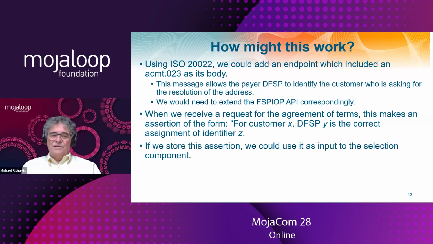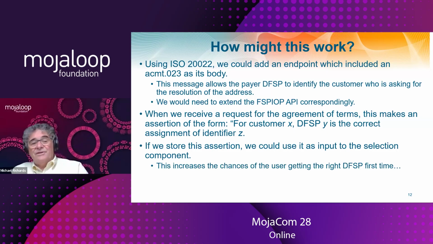And if we store this assertion, we could use it as input to the selection or the ordering component. And that would increase the chances of the user getting the right DFSP first time, which would certainly be useful in cases where DFSPs weren't offering resolution of multiple DFSPs.